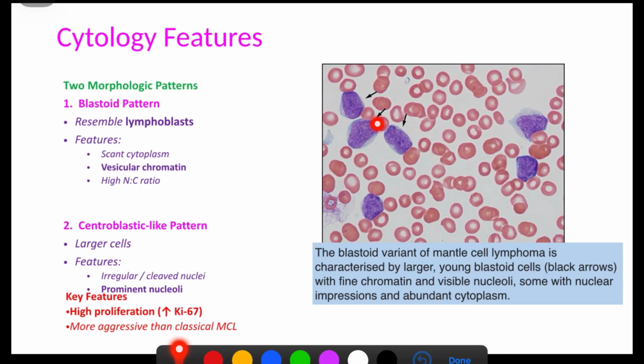So here you can identify the black arrows showing blastoid cells, fine chromatin pattern, visible nucleoli in some of these cells, and a centroblastic-like pattern. If we see large cells, they have irregular cleaved nuclei and prominent nucleoli.